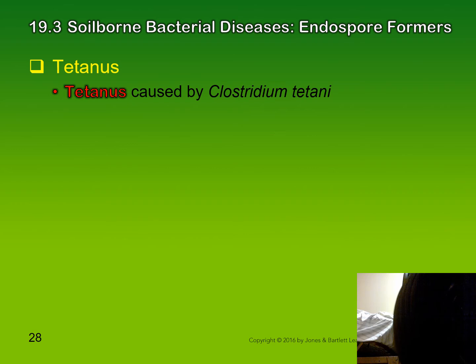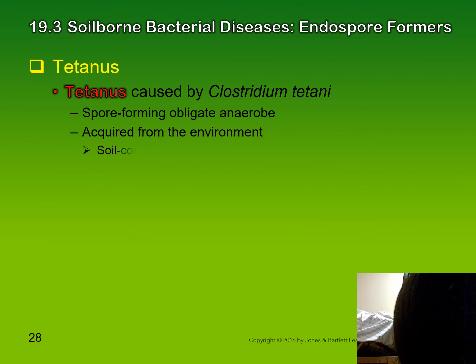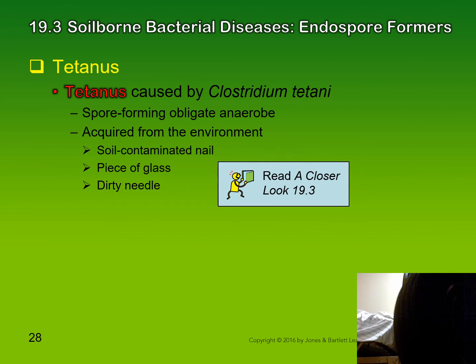Tetanus is caused by Clostridium tetani, and again, a spore-forming obligate anaerobe. You can get it from various sources in the environment. Mostly, we are thinking about soil that's been contaminated, and the three examples there are a contaminated nail, a piece of glass, or dirty nails.